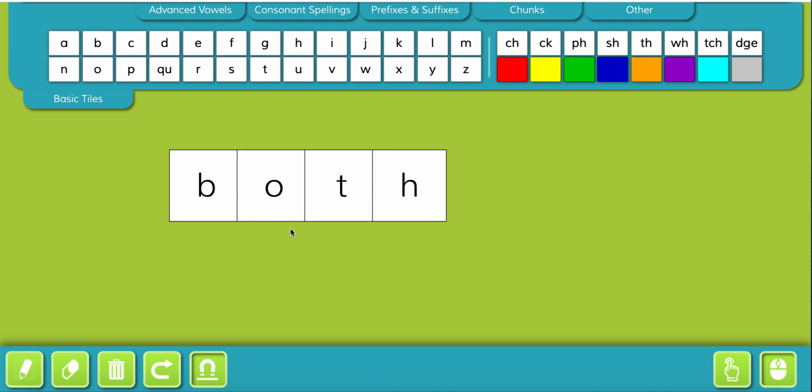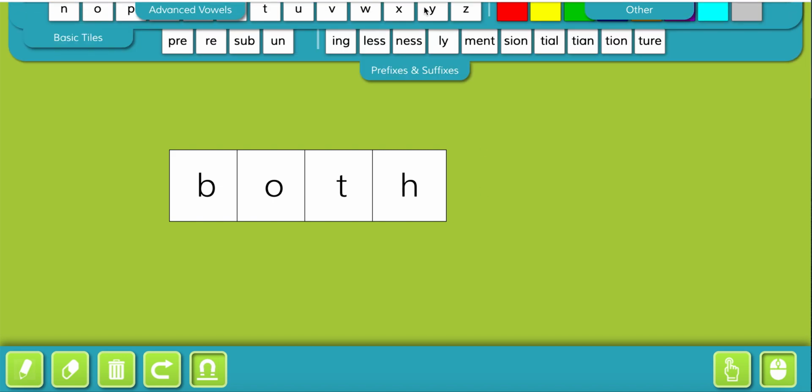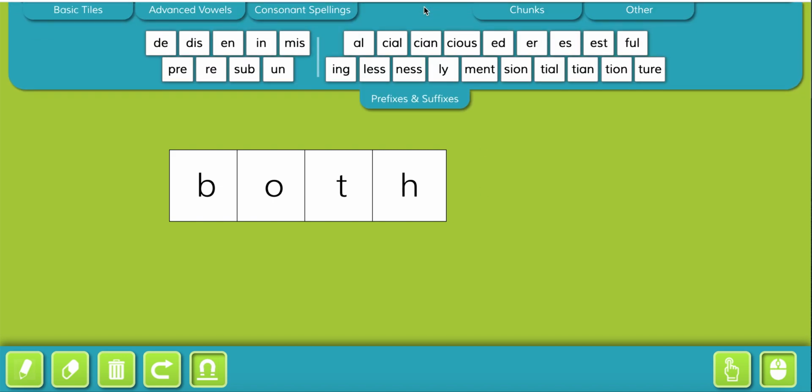The O makes the long O sound, both, okay? But watch what happens when I change something. I'm going to get fancy, I think. Yes, I'm going to add an ER. Now the O is going to change. Now this becomes bother. Notice the O changes quickly, very tricky.